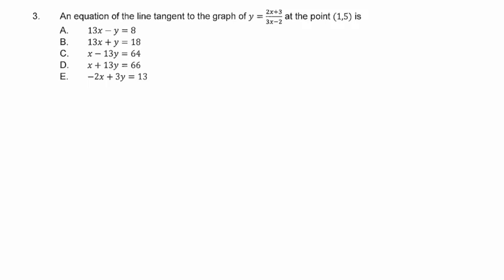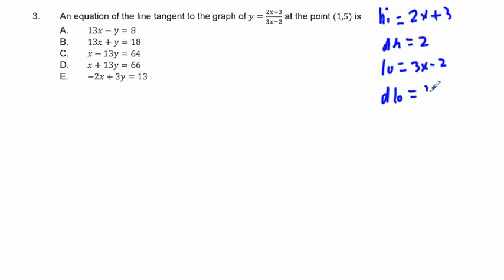Next problem, 3. An equation of the line tangent to the graph of y equals 2x plus 3 over 3x minus 2 at the point 1, 5 is. Well, for this we have the quotient rule. We take the high function of the quotient of two functions: we have 2x plus 3, and the derivative of the high is 2. Low is equal to 3x minus 2, and the derivative of the low, which we'll call d low, is equal to 3.